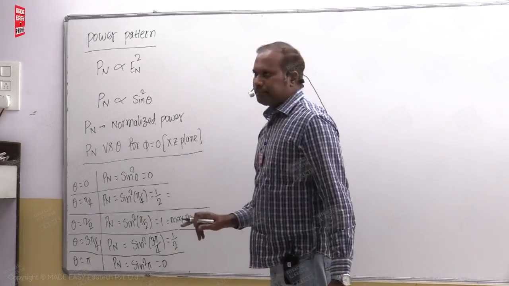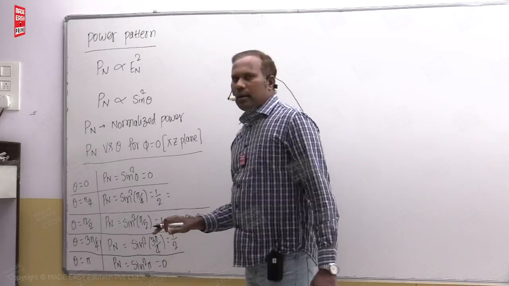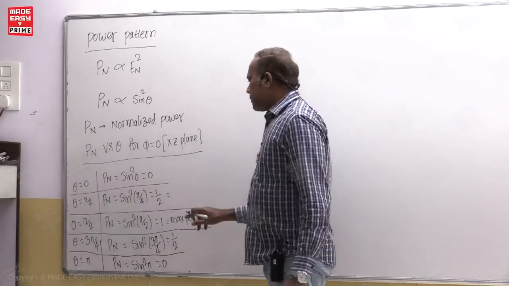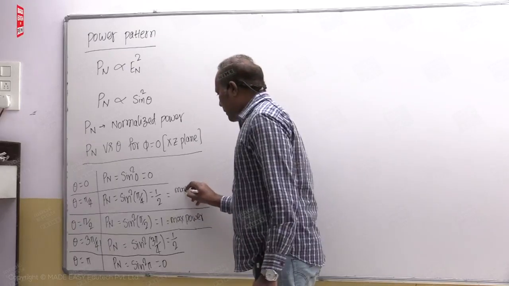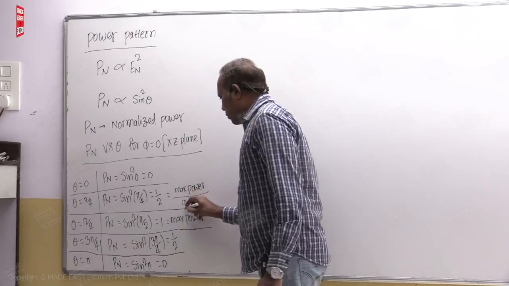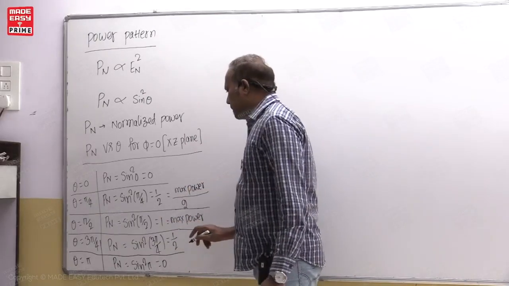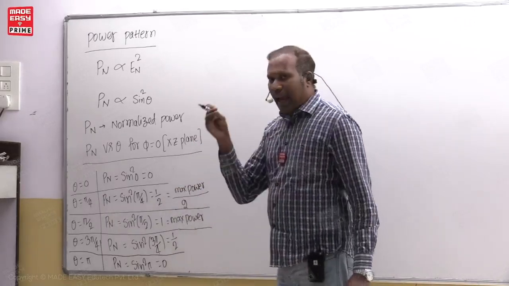This is called the half power angle, half of the maximum power, that is, maximum power divided by 2. Maximum normalized power is 1 actually. That is why this is called half power angle.